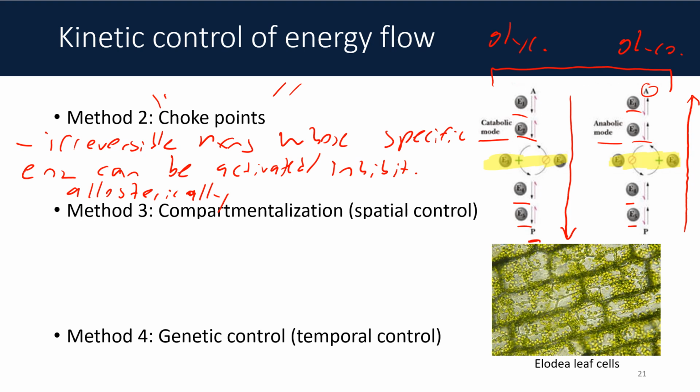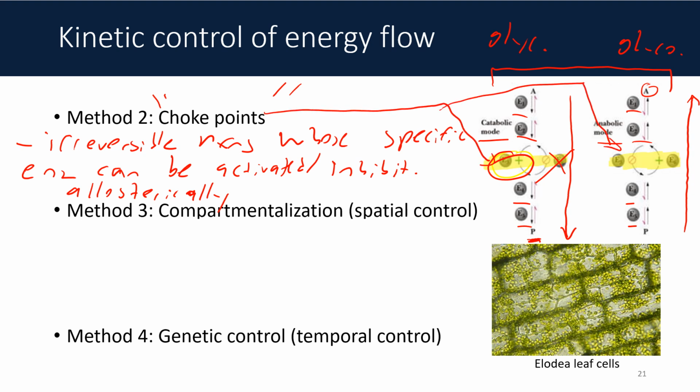When the cell decides it needs to enter catabolic mode, instead of toggling every single enzyme in this pathway, it just needs to focus its efforts on regulating this one over here. It will turn that enzyme on and maybe this enzyme off. And that ensures we have a net flow of A to P in catabolism. Much easier than toggling every enzyme. Just focus the attention on the choke point.